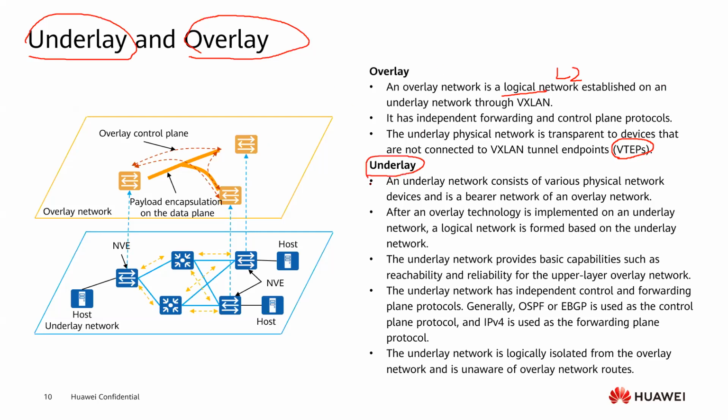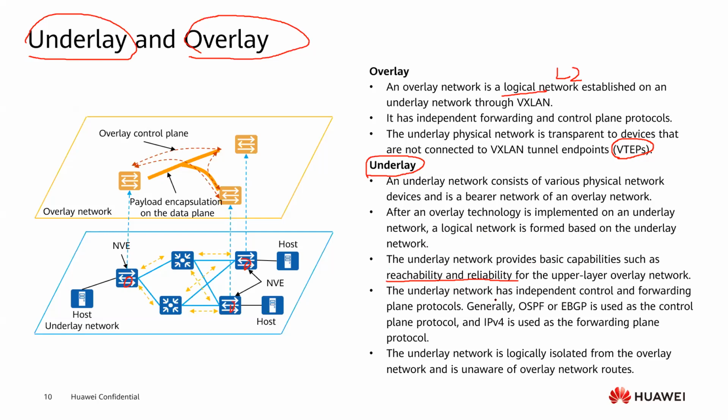And what is underlay? Underlay means we can use various physical devices to build the bearer network of the overlay network. It is the basis of the network, and it will provide the basic capabilities, for example, reachability and reliability for the upper layers of the network. So you need to learn the underlay network. These devices should have reachability with each other.